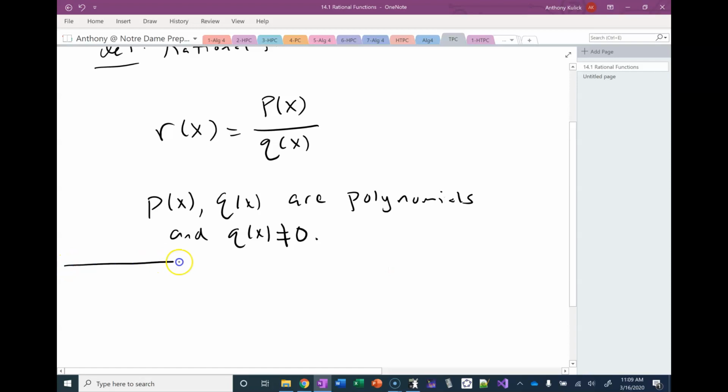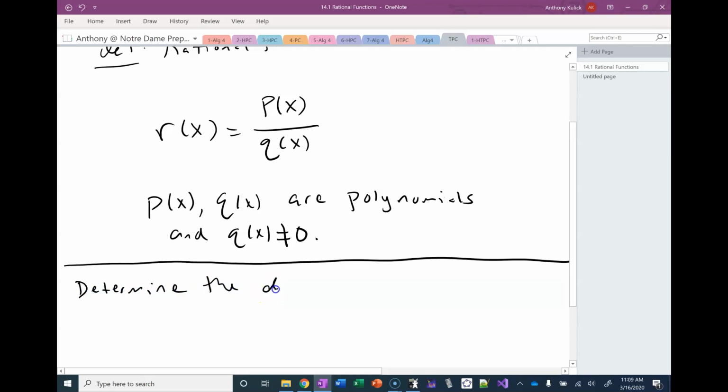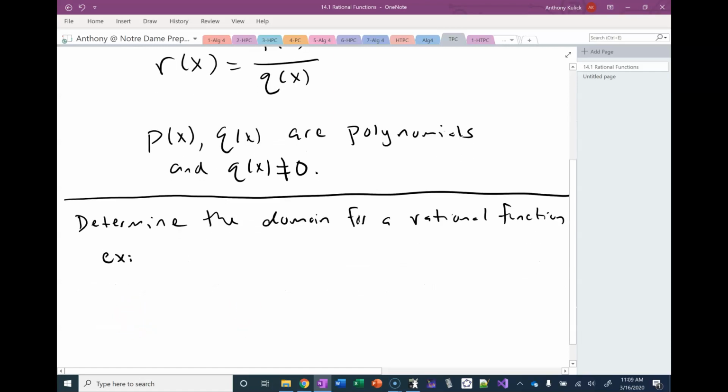So the first idea that we want to talk about is determining the domain for a rational function. So hopefully you remember from when we talked about polynomials that the domain for any polynomial is all real numbers.